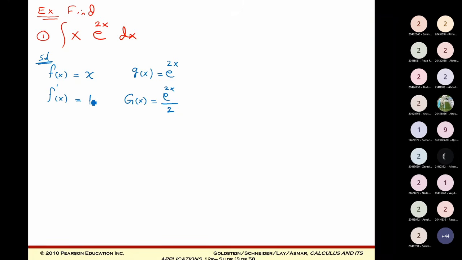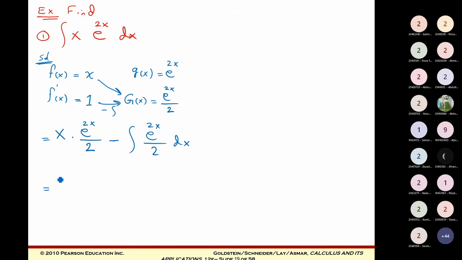Now multiply x, f of x, with g capital, so this is equal to x multiplied by e to the power 2x over 2, minus the integral of 1 multiplied by e to the power 2x over 2 dx.